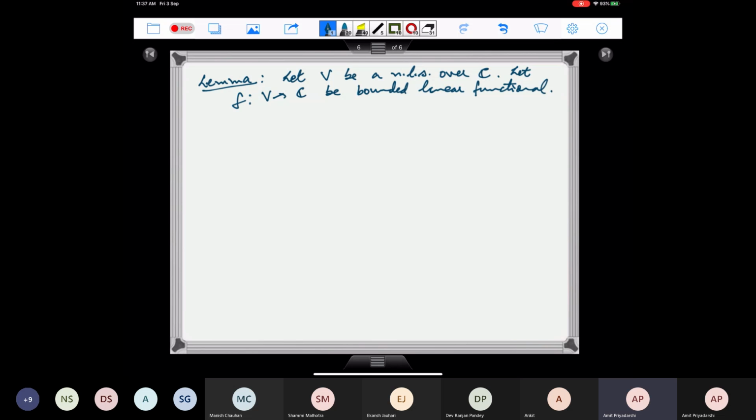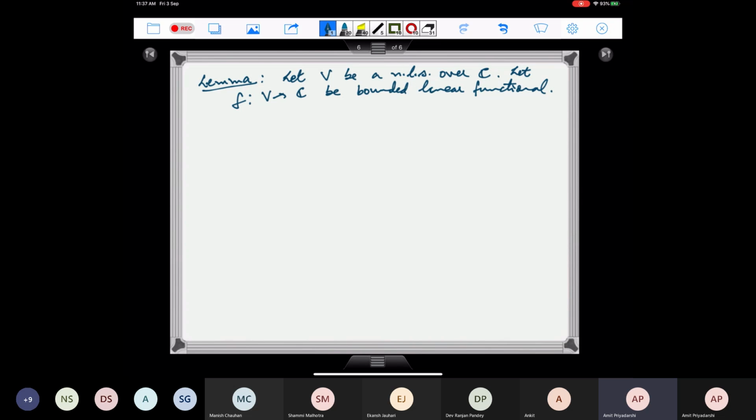So here we have F is a linear map from this vector space to C. So if I have any x in V, f(x) is a complex number. So we can write the real and imaginary part of this.